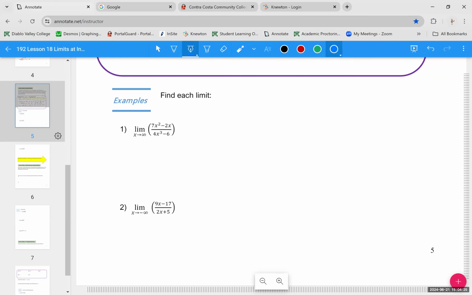So I see that my highest power of x in the denominator is x to the third. So I am going to keep my limit in front. You got to keep your correct notation until you actually find the limit. You keep that limit notation in front. So we're going to divide everything by x to the third.